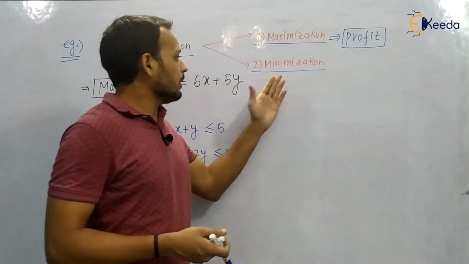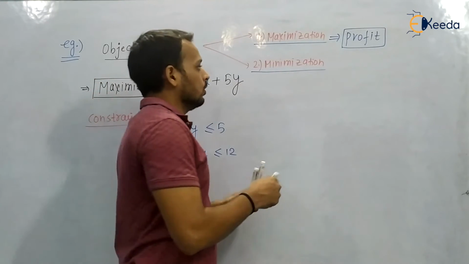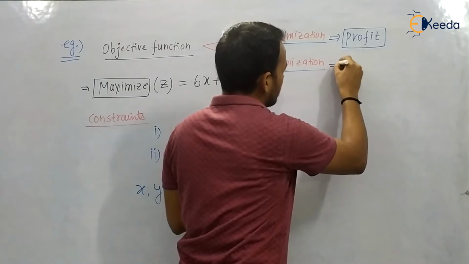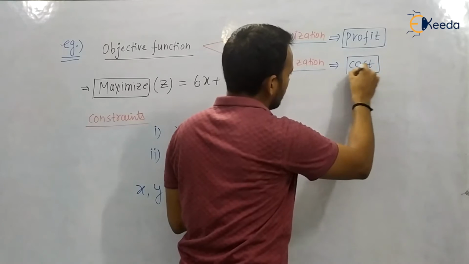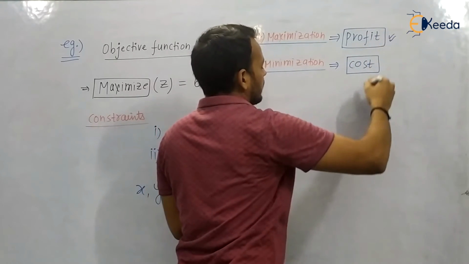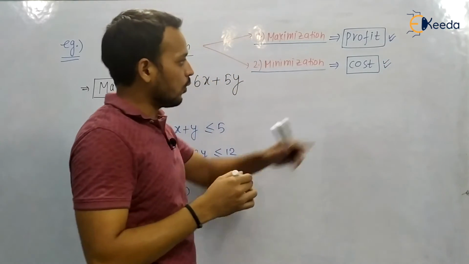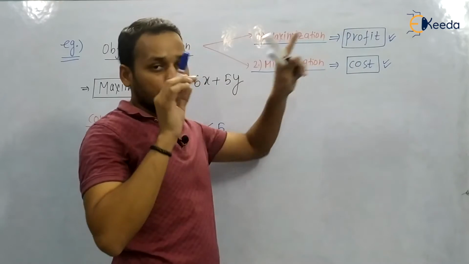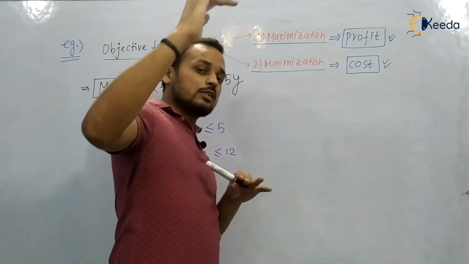And the minimization, we can also minimize our objective function. Minimization means it will be of cost. So either we have to maximize it or minimize it. Whenever they are talking about profit, you have to maximize the objective function.